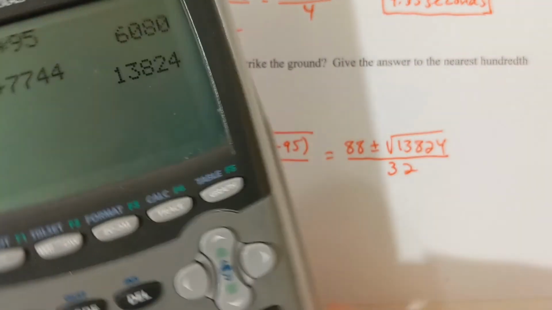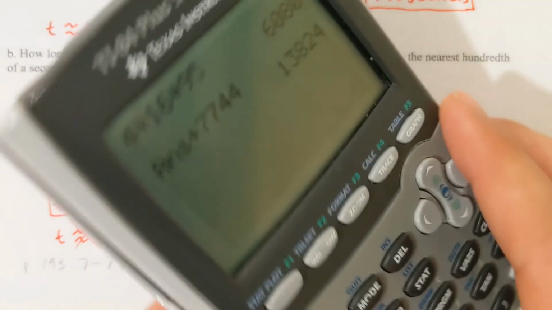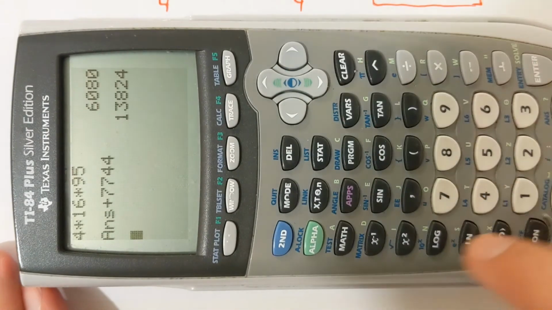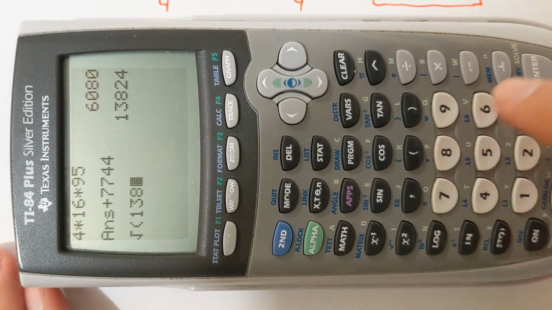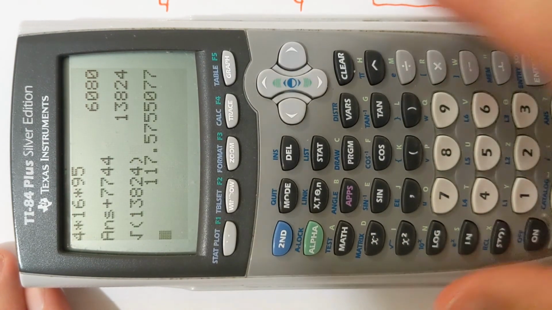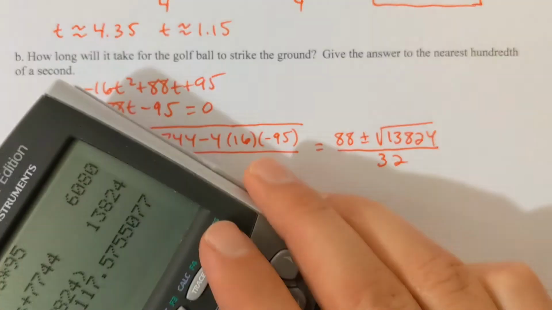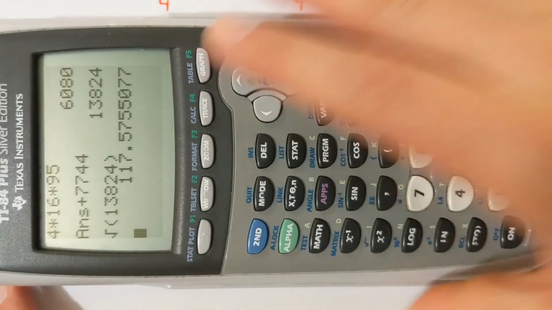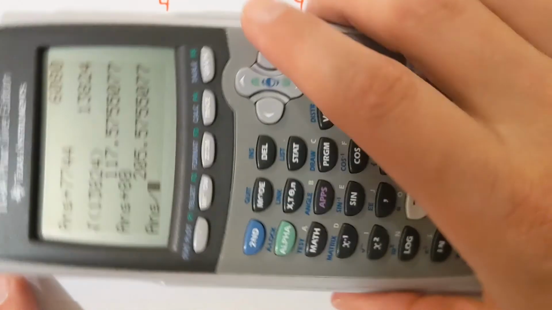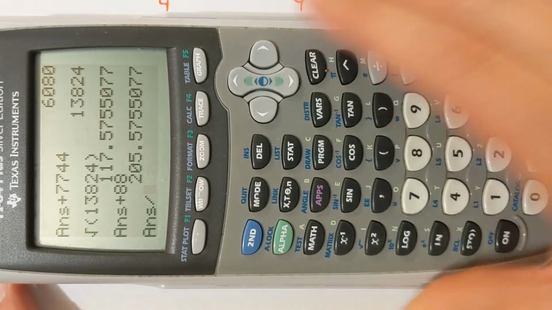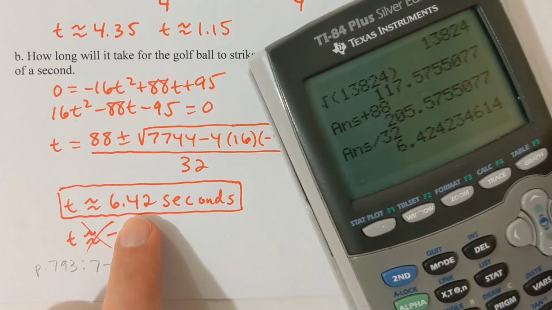Okay, and I'm getting 13,824. So then take the square root of that number, and then I'm going to add 88, okay, and then divide by 32. Okay, and I get 6.42 seconds.